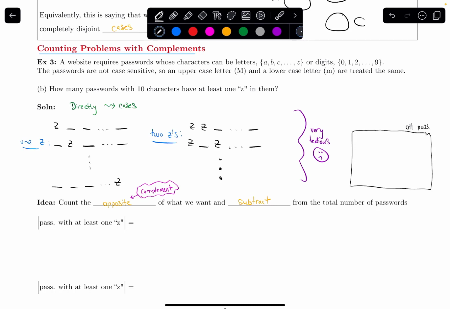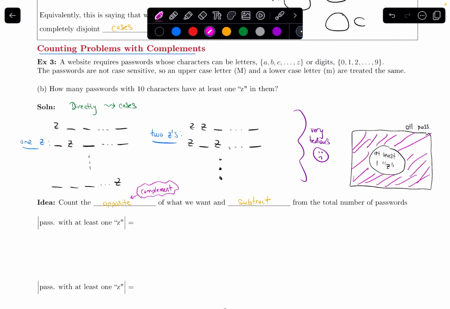And the stuff that I care about, I'll represent as a circle, are the passwords that have at least one Z. So the way I'm going to count this circle is, let's count the total number of all the passwords and subtract away the complement. The complement is the stuff in pink that I'm shading in. If I subtract that pink stuff away, it'll leave me with the circle that I want. So that is going to be my idea here.